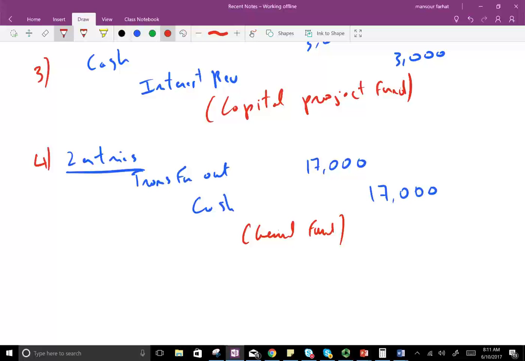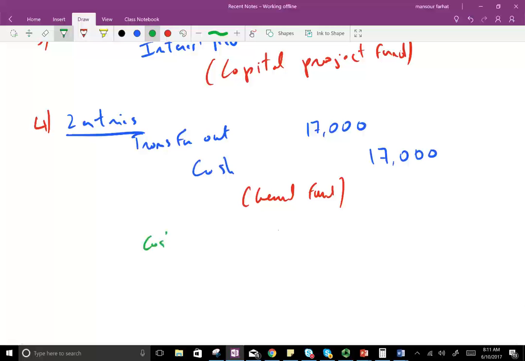Now, we're not done. The capital project fund received the money, so they're going to debit cash, $17,000, because they received the cash, and they're going to credit an account called transferred in, $17,000. Now you might be asking, what is transferred in and what is transferred out? Remember, we talked about other financing sources and other financing uses.